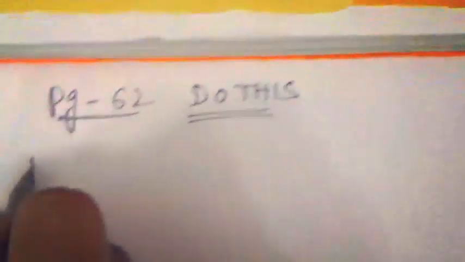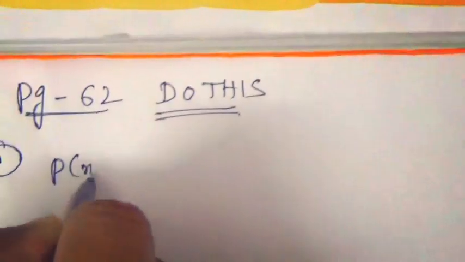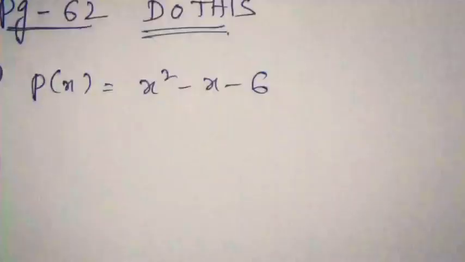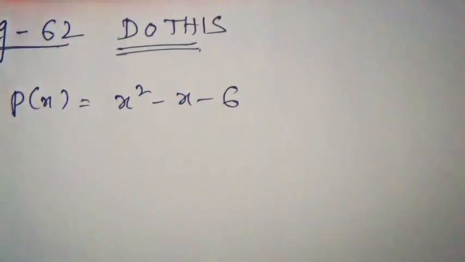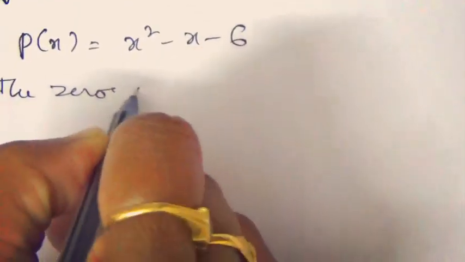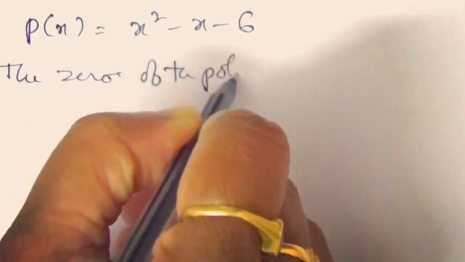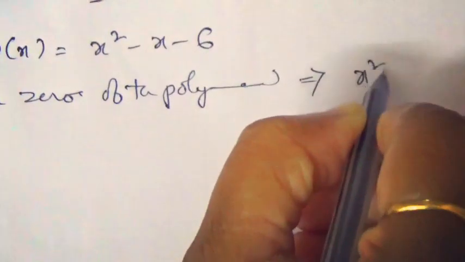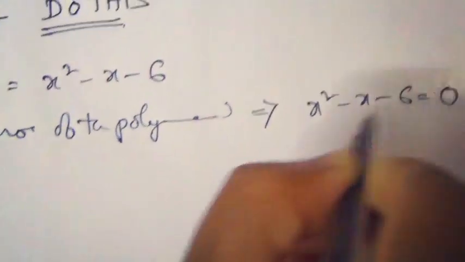Okay, the first sum, that is P of x is equal to x square minus x minus 6. Okay, it is the first equation. So given that the zeros of the polynomial, that is x square minus x minus 6 is equal to 0.